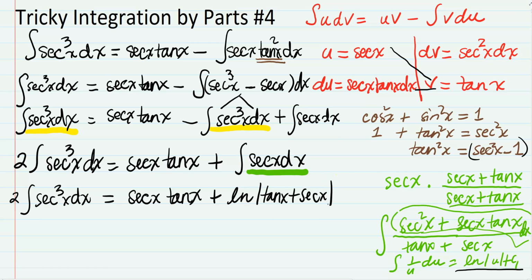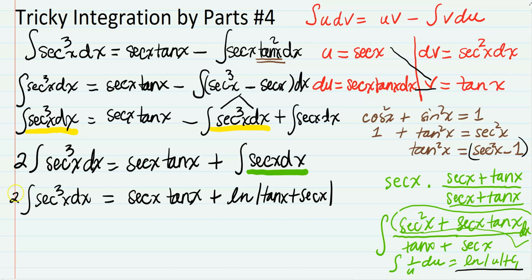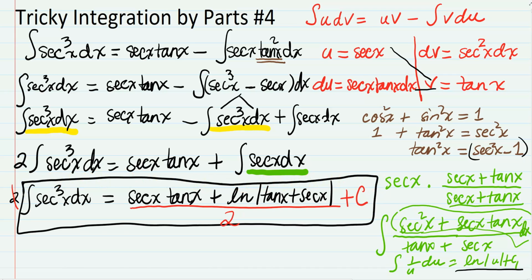And then we are going to go ahead and divide by 2 to get rid of that. Divide by 2. And we don't forget the plus c. And that would be our final answer for the antiderivative of secant to the 3rd power dx.